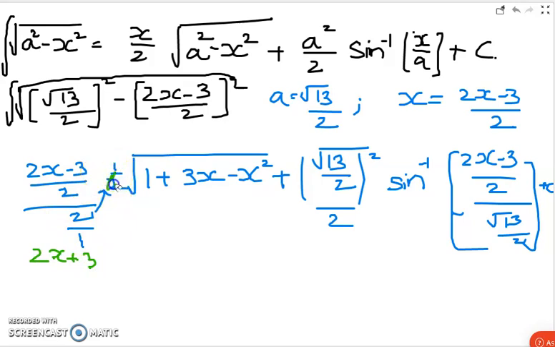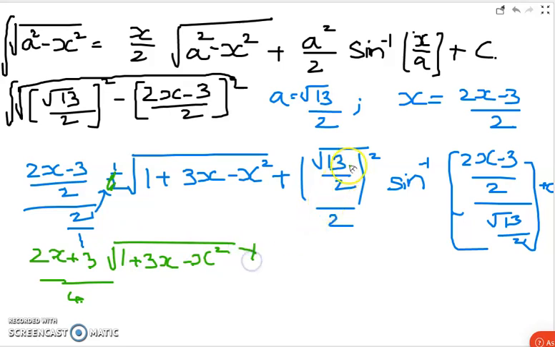So it becomes 2x minus 3 by 4, into the square root of 1 plus 3x minus x square. Here, root 13 into root 13 is 13, and here 2 into 4, and the same way it goes up, so it will become 13 by 8.